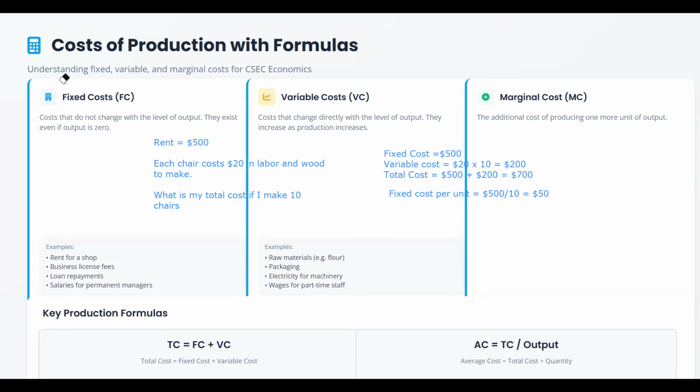So we know what fixed cost, what variable cost, what total cost is. We know what average fixed cost is, which is a fixed cost per unit. We know what average variable cost is, which is variable cost per unit. And we know what average total cost is, which is a total cost per unit. Now, let's look at marginal cost.